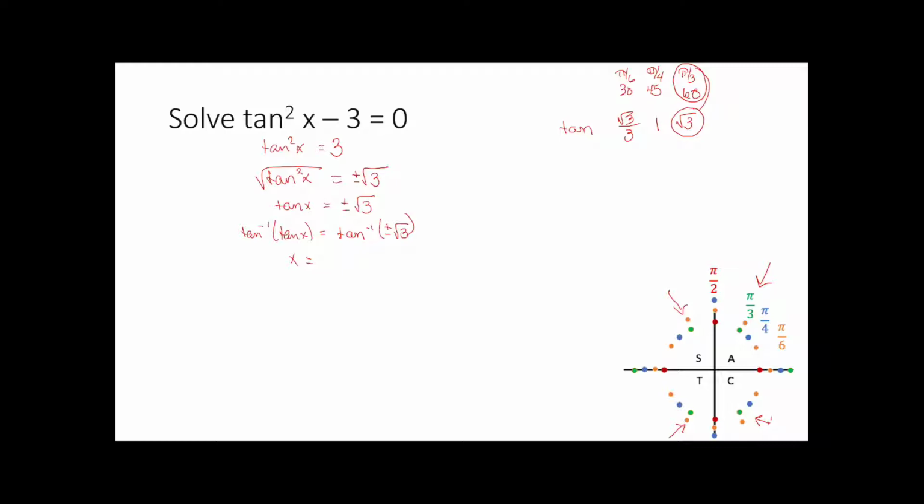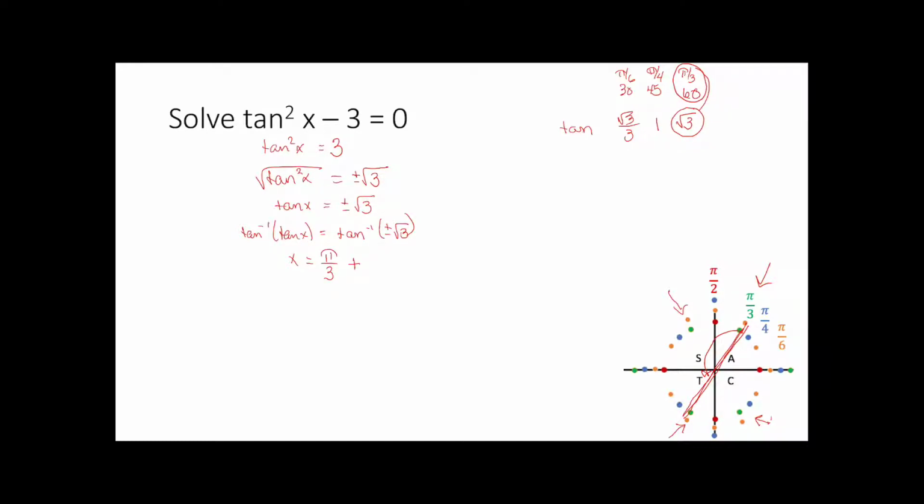So technically we could write 4 solutions, but I have a feeling that we can tighten this up a little bit. If we're looking at pi over 3, rather than talking about a full rotation around the unit circle, maybe we can just talk about these 2 together. How far apart are they on the unit circle? Well, they're pi radians apart.